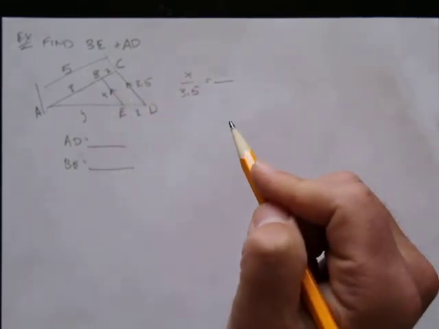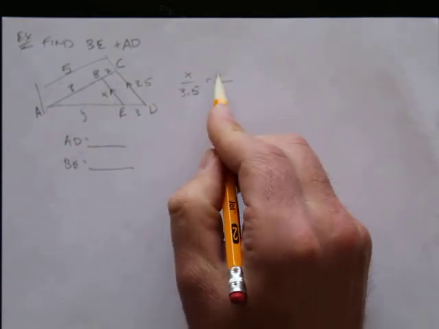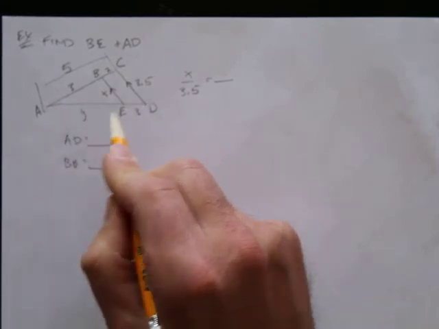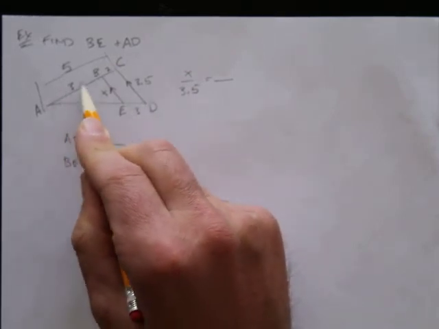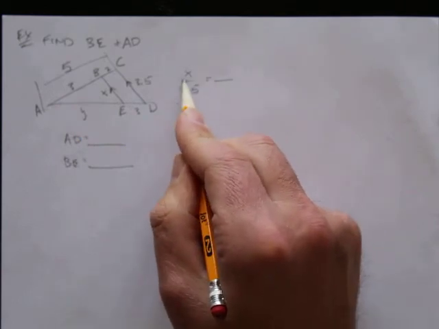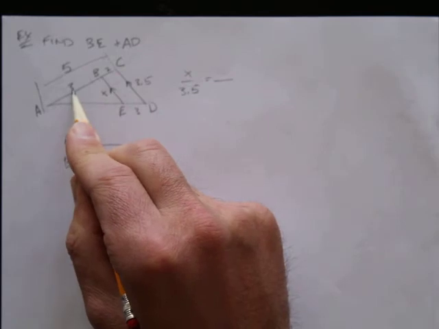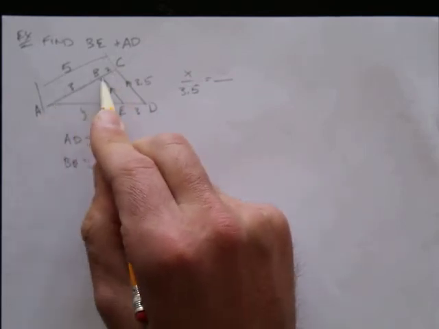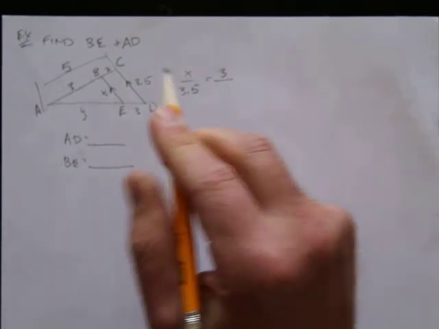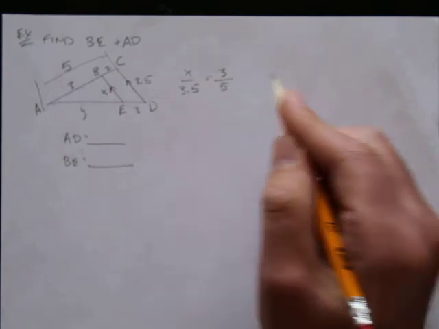Now I need another side so that I can set up this proportion and find out what X is. I don't want this side because it has Y in it. I want a side that only has numbers. I'm putting the smaller triangle on top. The smaller one, for this side, is AB, and that's 3, and the larger side, AC, is 5.